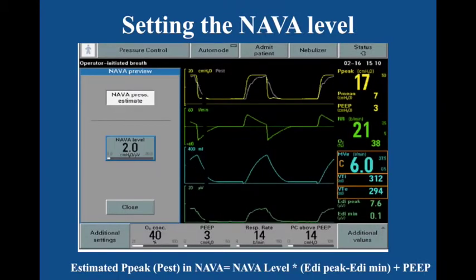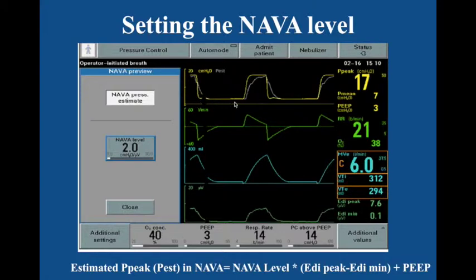And how do we set the NAVA level? NAVA preview is a help tool to set the NAVA level to reach the estimated NAVA. On the uppermost waveform, the pressure curve, there are two curves present simultaneously.